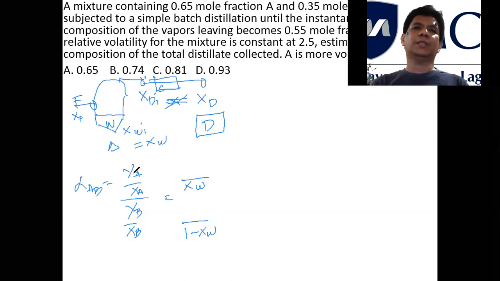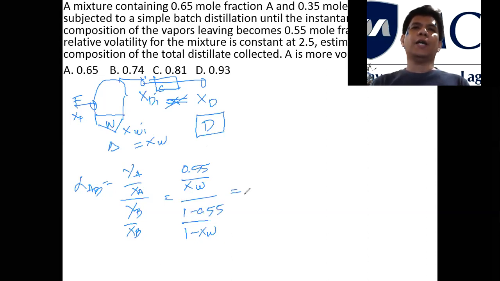So, y sub A would be the given. Yun yung given na instantaneous, that would be 0.55, no? That would be 0.55. Tapos itong sa baba is 1 minus 0.55.